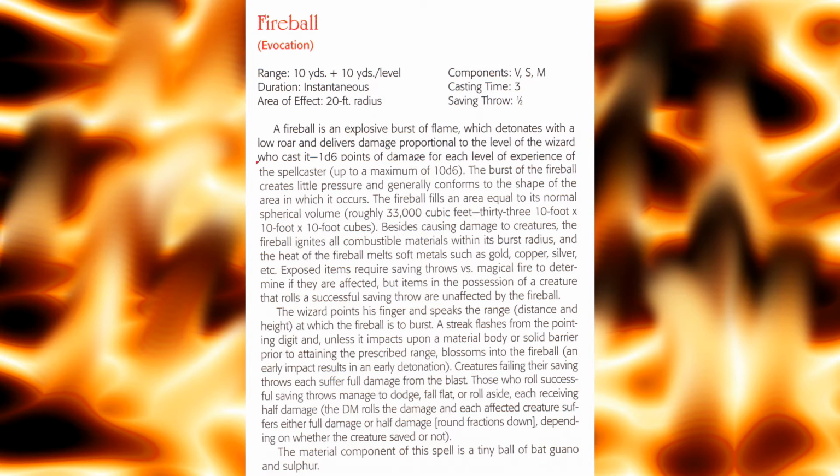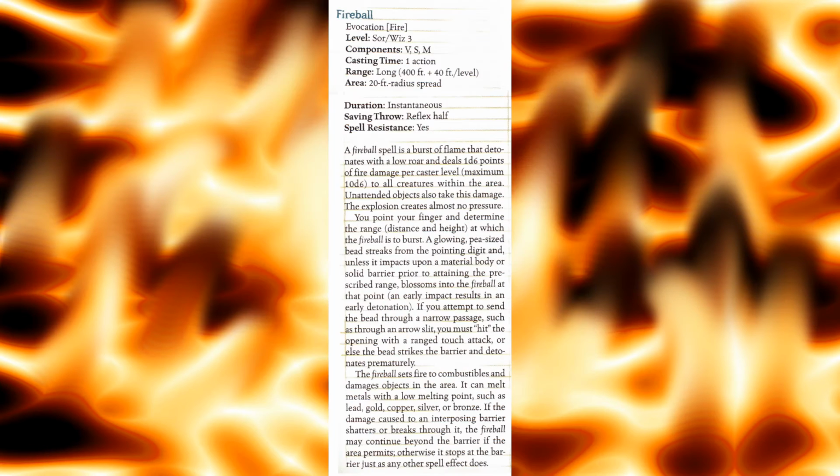The second edition changed it again. This time it listed the distance in yards. So the range is 10 yards plus 10 yards per level, or 30 feet plus 30 feet per level. Again, the area of effect is a 20-foot radius, which comes out to be 1,257 square feet. Third edition changed the spell again.